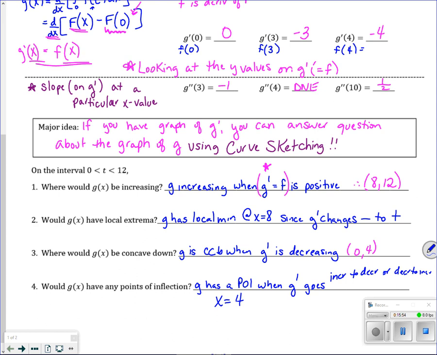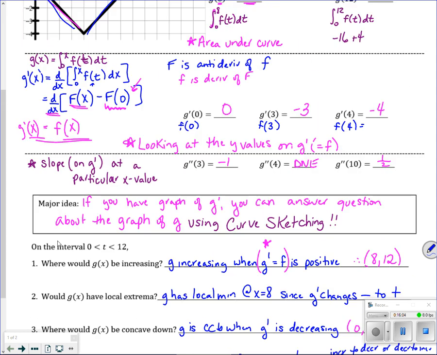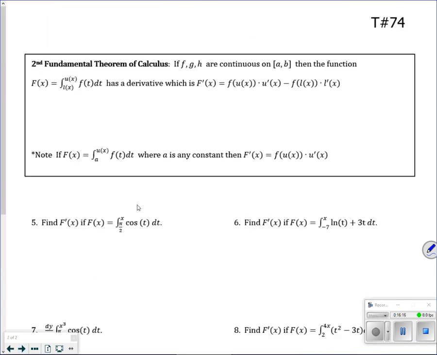Cool. Cool, cool, cool. All right, let's go to what the second fundamental actually says. Now I'm going to kind of refer back to this. Here's a point that we did, and I'm writing this in a kind of a weird way, but hopefully it will help you understand it and remember it. So it says if you have a function, okay, an f, and again I just named this.